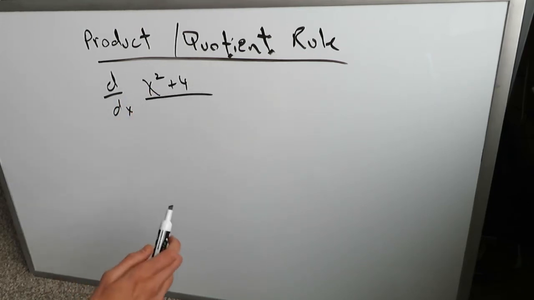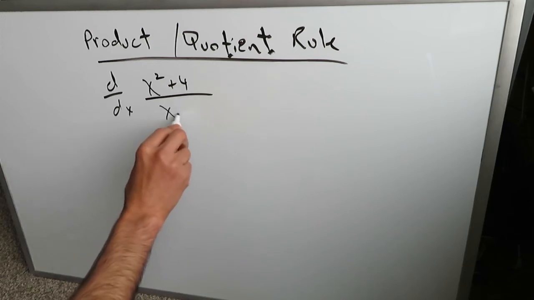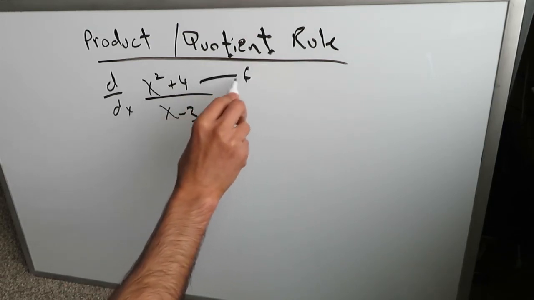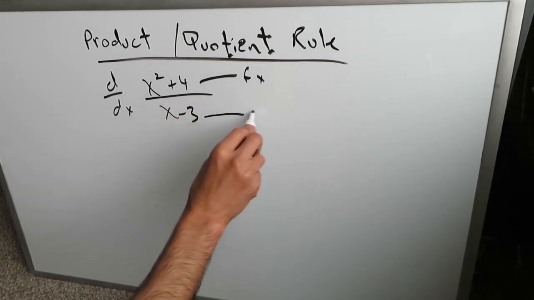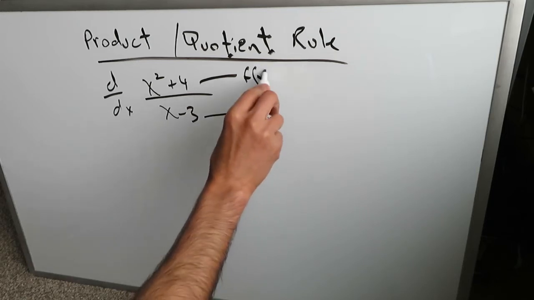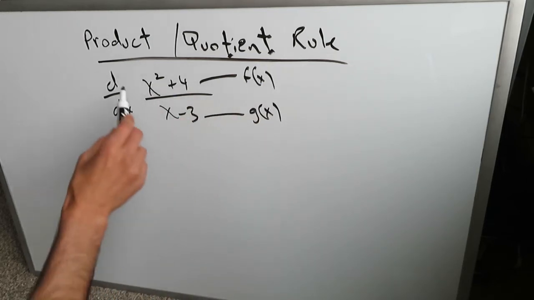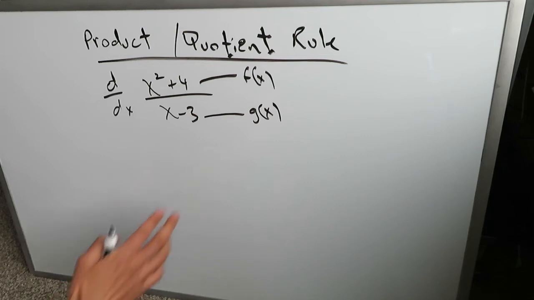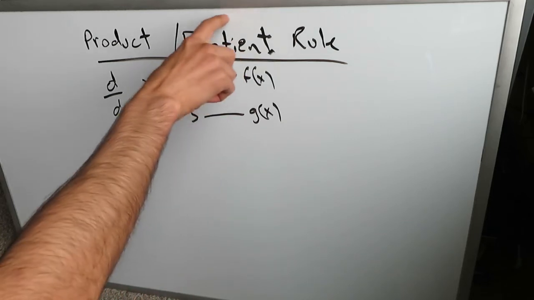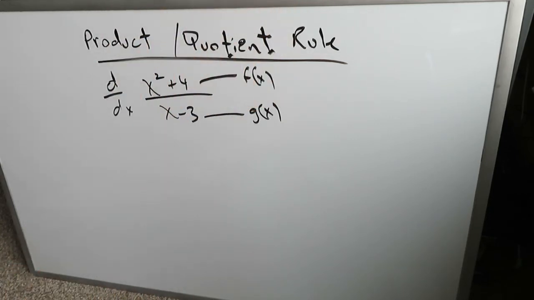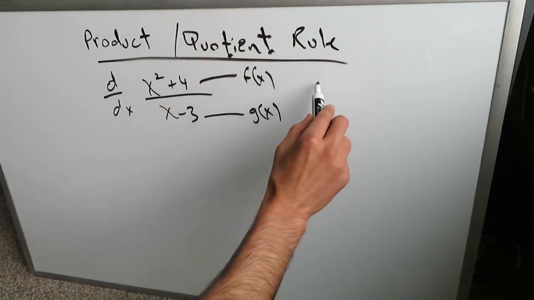If we have a rational function and you want to call this the f of x, and you want to call this the g of x, and someone is telling you to now find the derivative of this, you could technically rationalize all of this and maybe try to simplify it, but that would be the harder way of doing it. Or eliminate the stubbornness and just learn the new quotient rule, and the quotient rule is not hard.